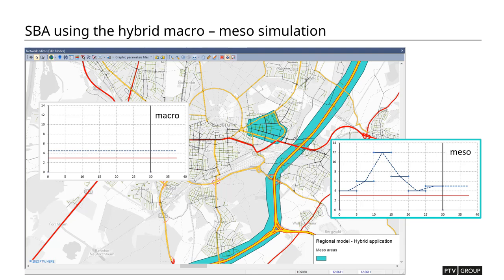For the meso areas, they show varying travel times over time, as shown on the right side. More precisely, here the experienced travel time at each point in time during the assignment period is known and changes over time. On the opposite, for the network objects in the macro part, these functions are constant over the assignment period.